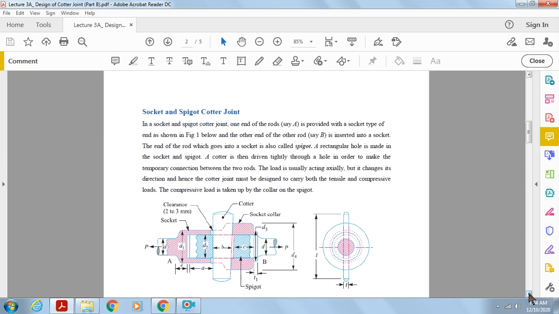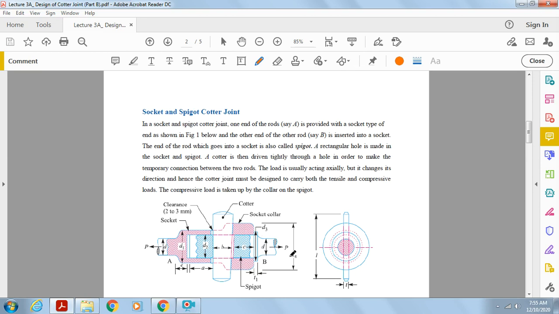As you know, this is the socket and spigot Cotter joint. In the socket and spigot Cotter joint, one end of the rod, say this is rod A, is provided with a socket type of end. The other rod, B, is inserted into the socket.